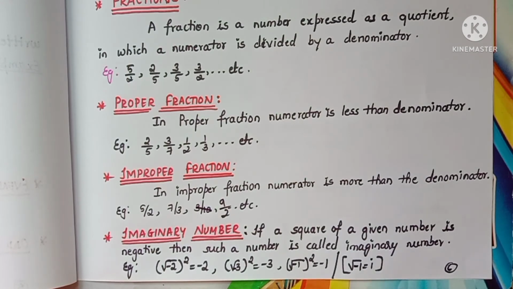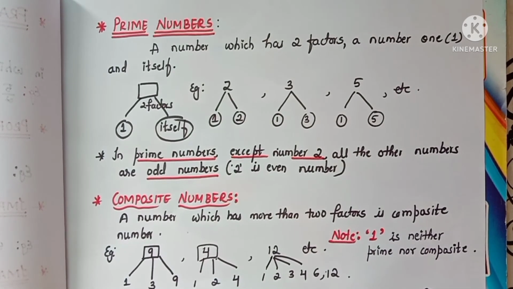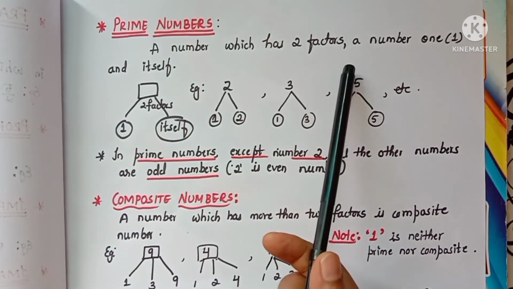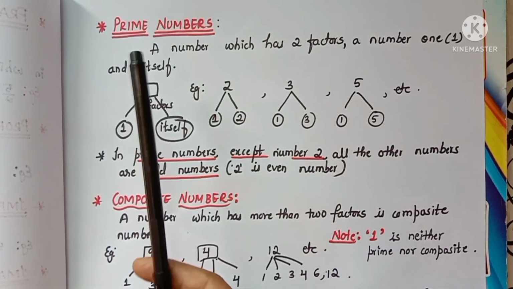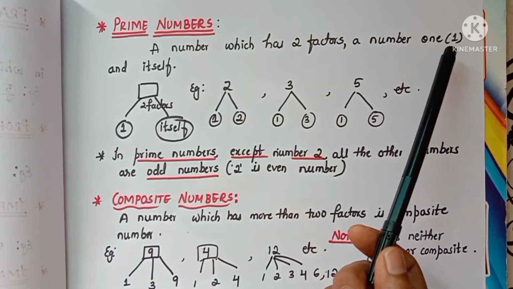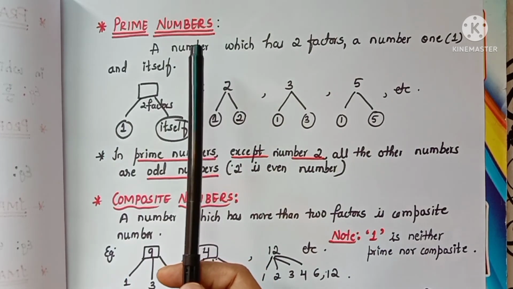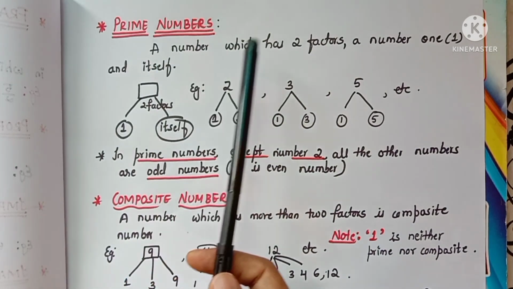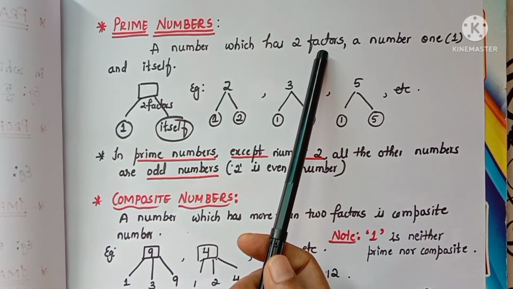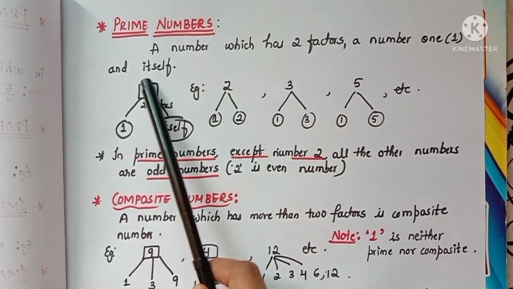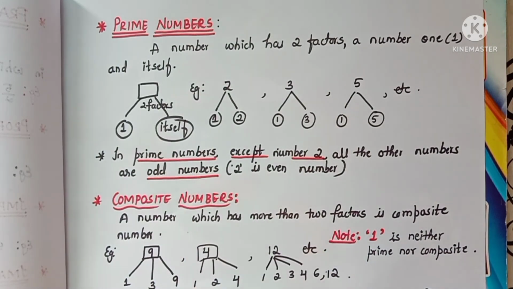Okay. Now let us see what are prime numbers. A number which has two factors is called a prime number. The number 1 and the number itself are what? Prime numbers. Prime numbers means a number which has two factors. For example, if you take any number, it should have two factors.